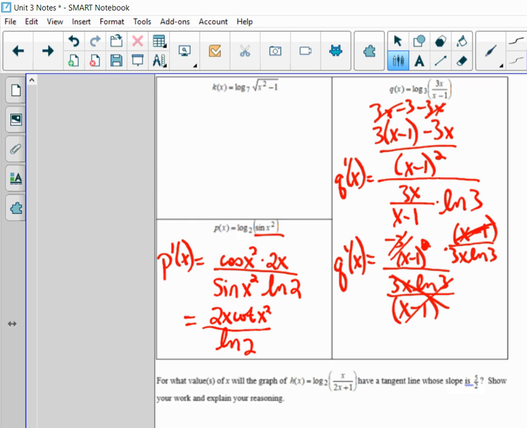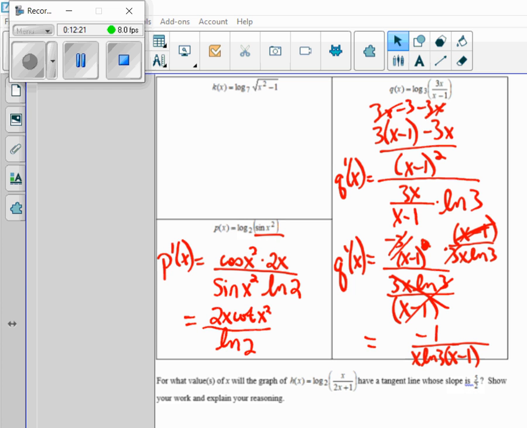I could even cancel this negative 3 out with this 3. So I think I get just negative 1 on the top over x ln of 3 times x minus 1. Again, not a huge topic on the test, okay? And then we'll look at this one too with the calculator. See maybe if you can set it up to do this. Hopefully.